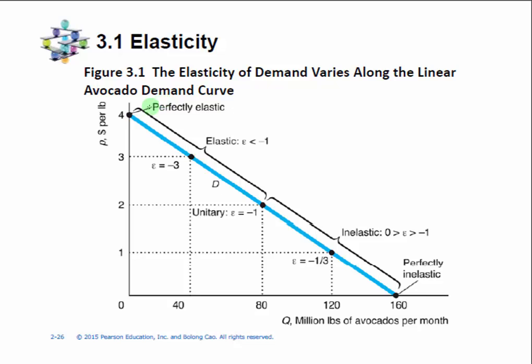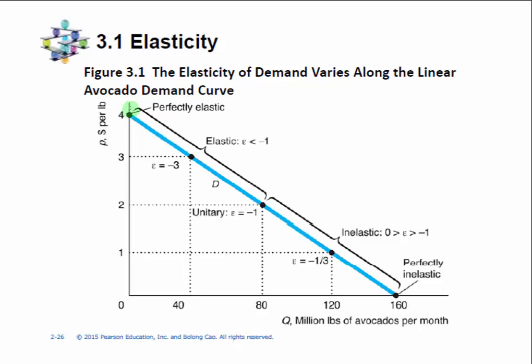And on the top of this demand curve, we have something called perfectly elastic. If you lower the price a little bit, the quantity will change in percentage in infinite amount, because the base was 0. Because at $4, right, there's 0 quantity demanded, but if you lower it a little bit to $3.99, the quantity increases a lot. In terms of percentage, that increase is infinite.